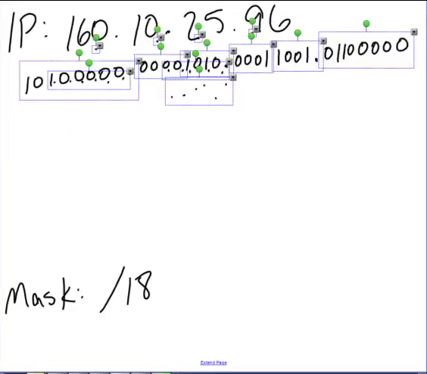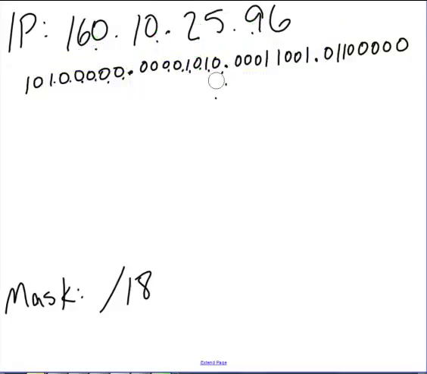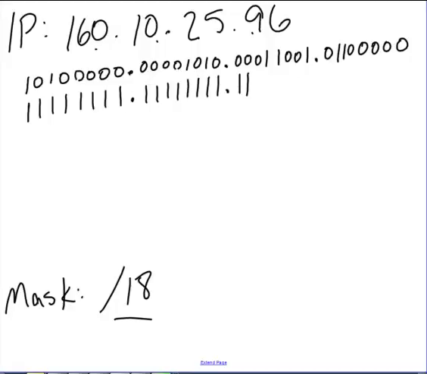Alright, so that's the binary for 160.10.25.96. Now we have a mask of 18, which means once again we start at the left and count out 18 ones: 1, 2, 3, up to 18. And then the rest are zeros.